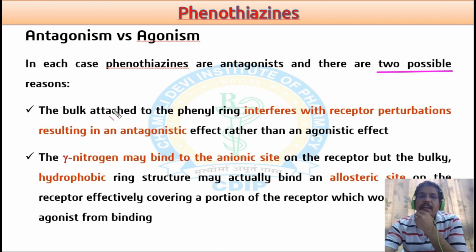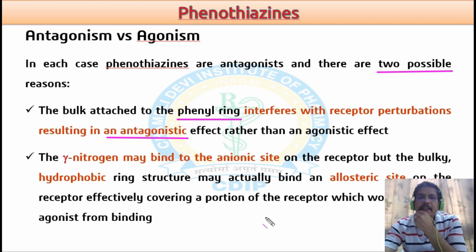One is the bulk attachment to the phenyl ring, which interferes with the receptor perturbations, resulting in an antagonistic effect rather than an agonist effect.